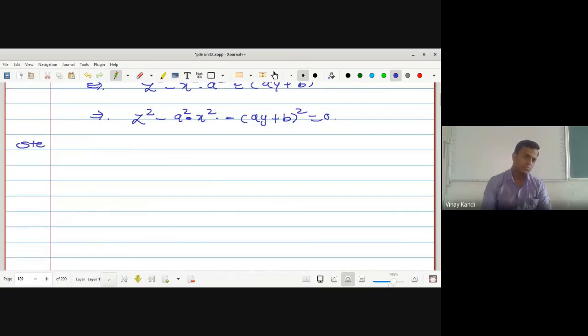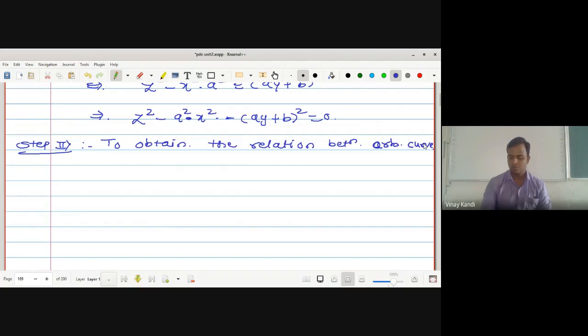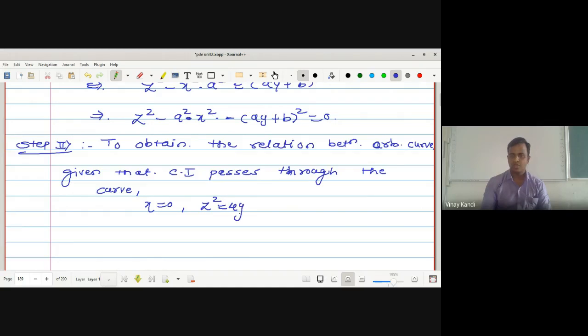Given that the complete integral passes through the curve, which curve? x is equal to 0 and z square is equal to 4y.